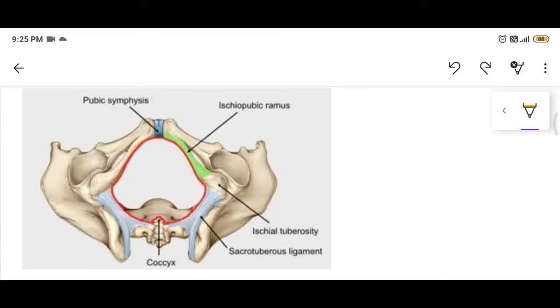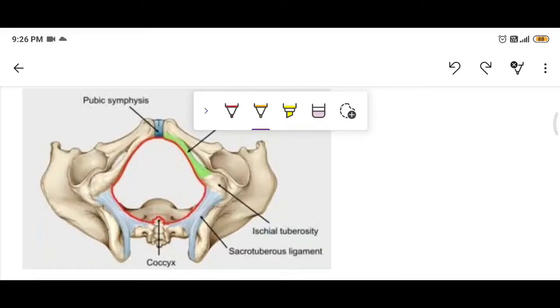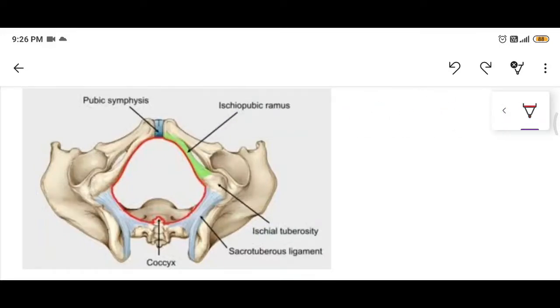After creating a view, we will see the triangles of the perineum. We have two triangles in the perineum. The first one is called the urogenital triangle and the second one is the anal triangle. So guys, this is the ischium and this is your pubic symphysis or pubic bone.